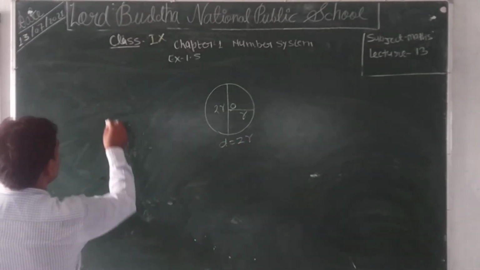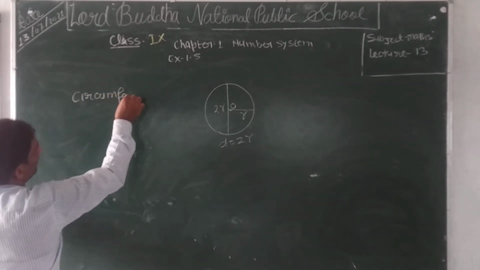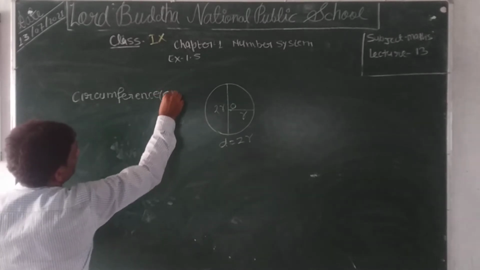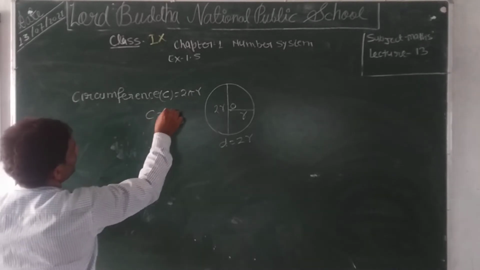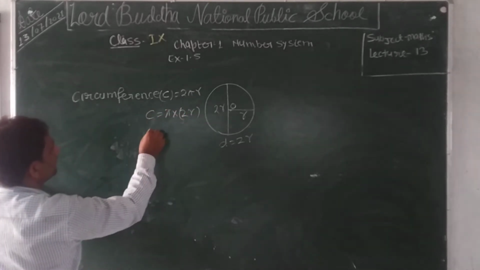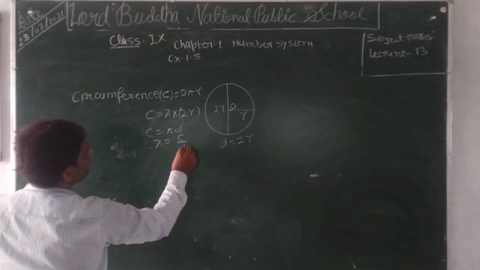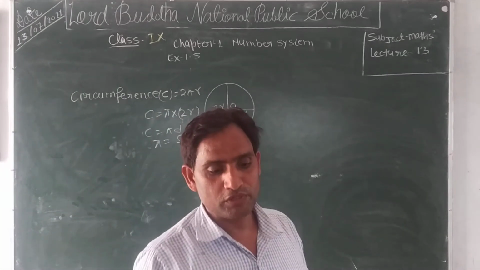So the circumference of the circle is C equal to 2 pi R, C equal to pi into 2R, or pi into D. C equal to pi D, or pi equal to C upon D. Clear?